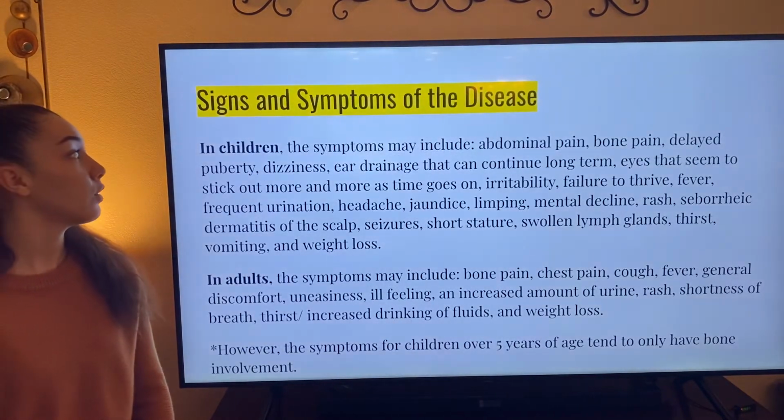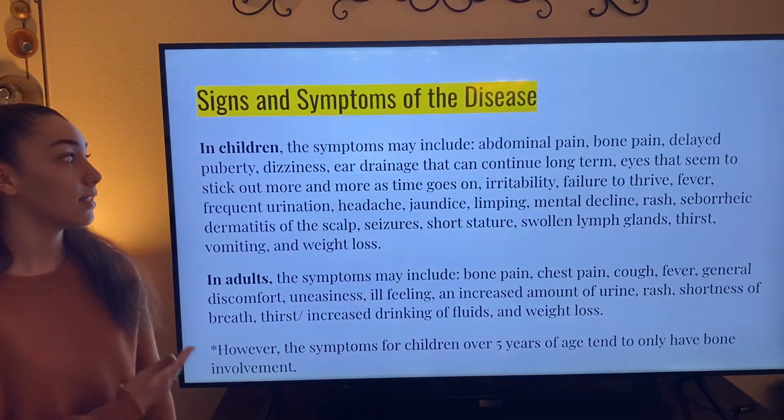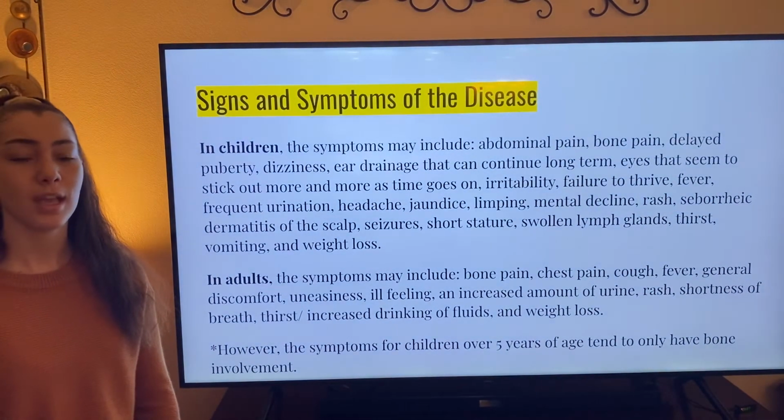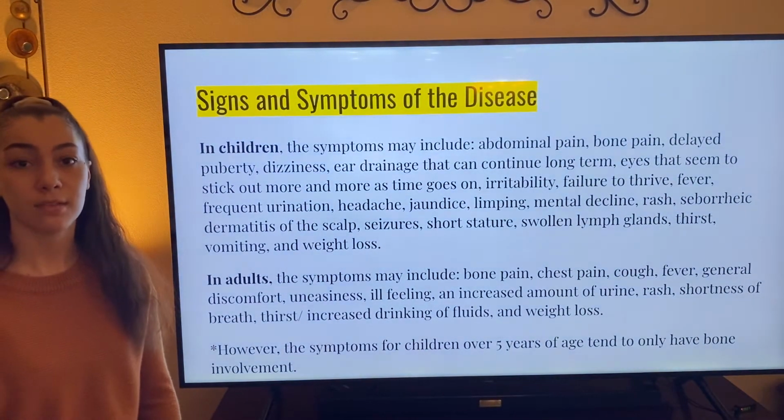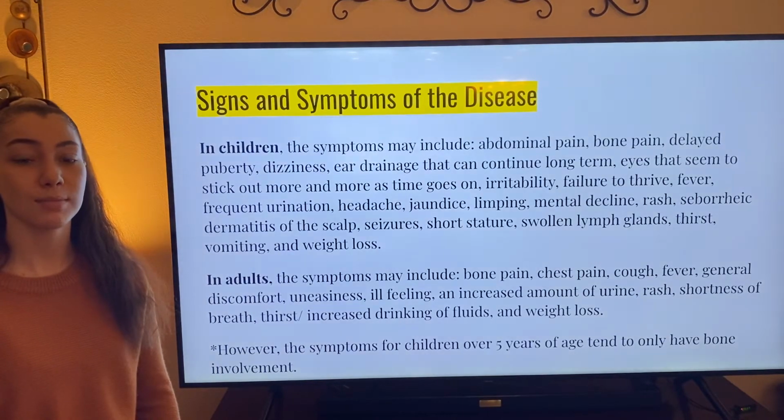Now we're going to be moving on to the signs and symptoms of the disease. So in children, there are plenty of symptoms, but I do want to make it clear that sometimes symptoms don't even show. People don't even have symptoms.